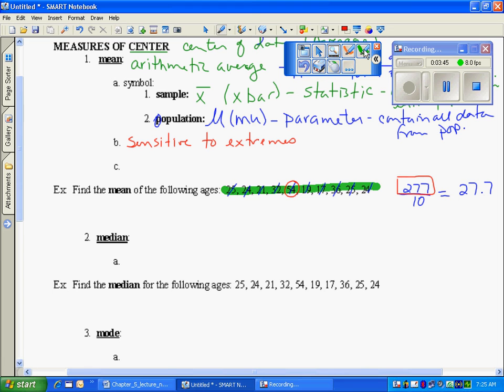It would make my total higher than maybe it needed to be. So it's going to shift the value, or my arithmetic mean, in the direction of the extreme. So here it shifted my arithmetic mean toward the 54, or to the right.